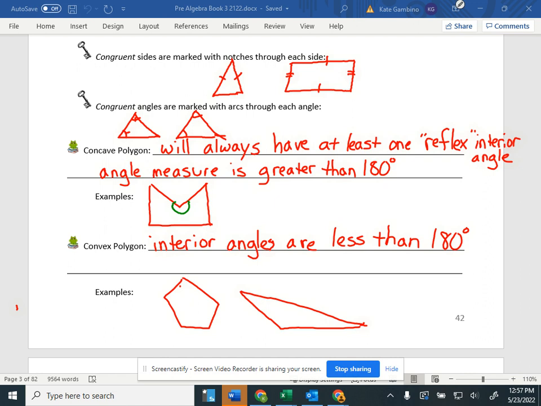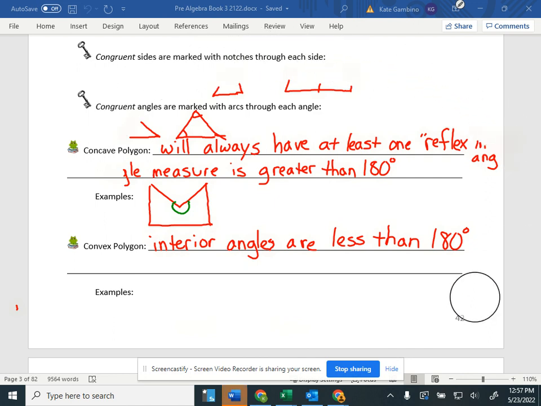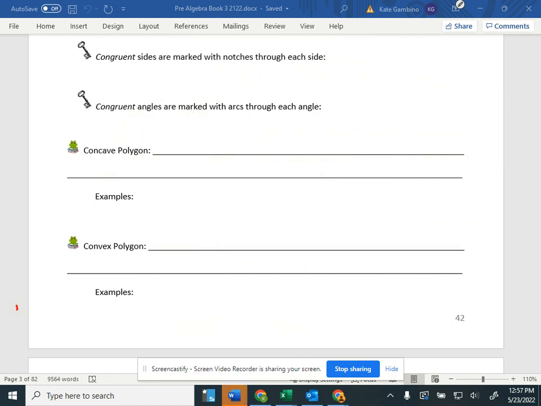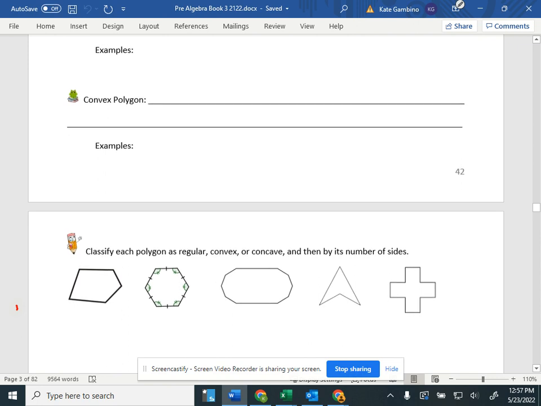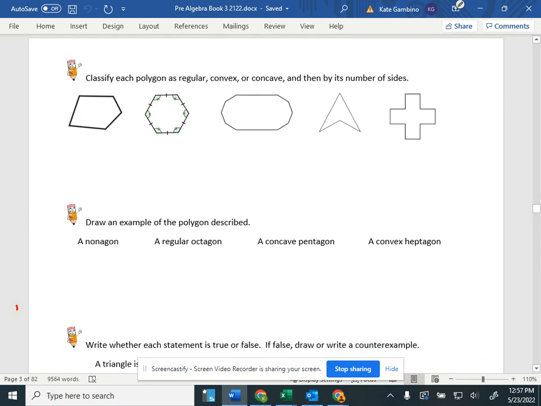Okay, so on our work page, let's scroll up and see what we're doing. We need to classify our polygons as regular. What does it mean if they're regular? All sides are equal, all angles are equal. Convex, all the angles on the inside are less than 180 degrees.